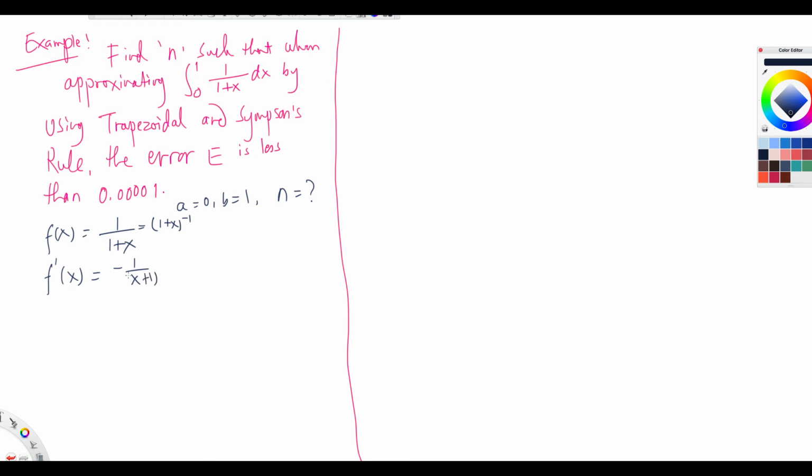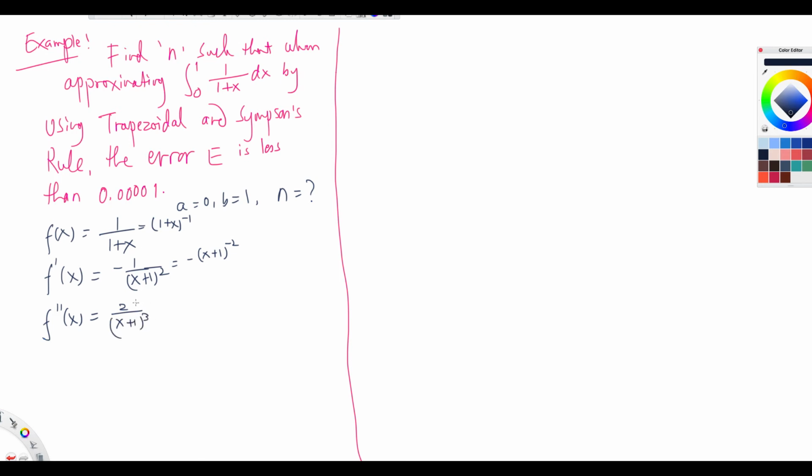So what is f double prime of x? To find that, you take negative x plus 1 to the negative 2, right? And then you find the derivative of that. What do you get? You get 2 over x plus 1 to the third.